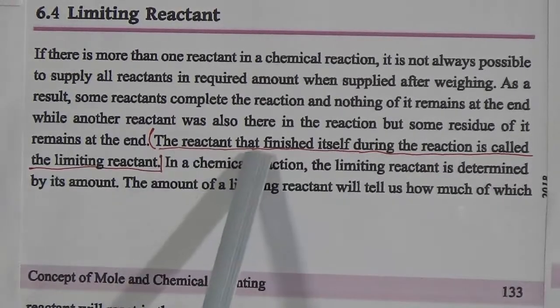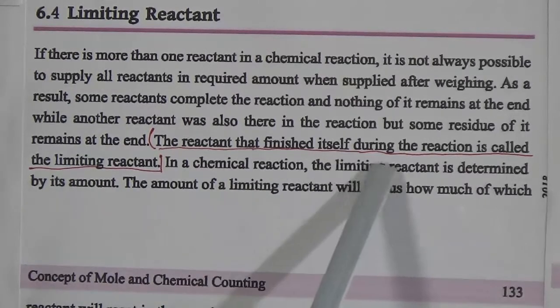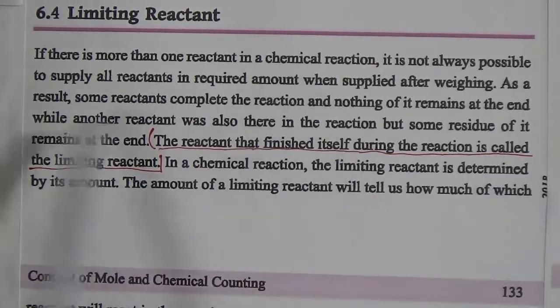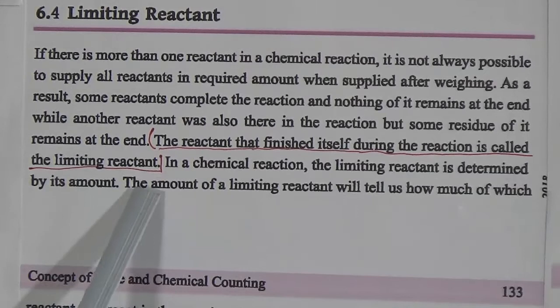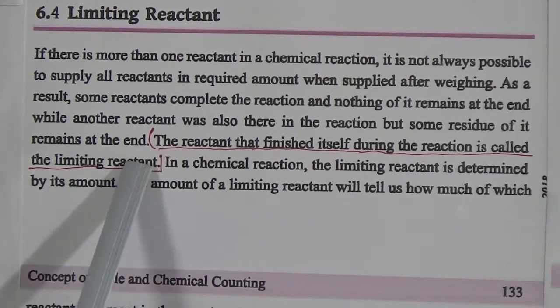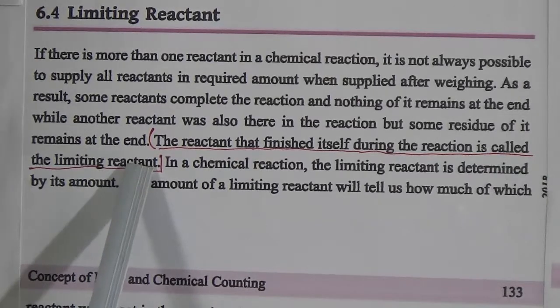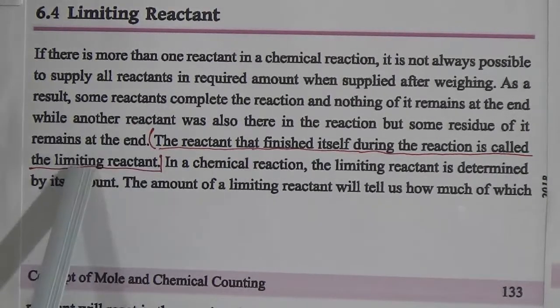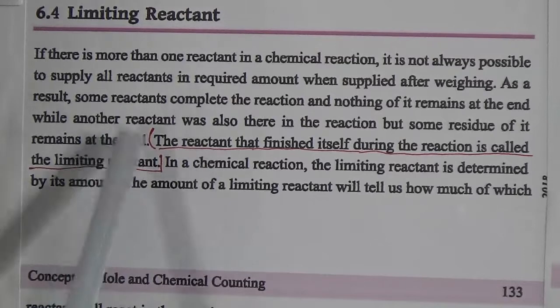The reactant that finishes itself during the reaction is called the limiting reactant. That means the reactant which has been finished before the reaction finishes is known as the limiting reactant.